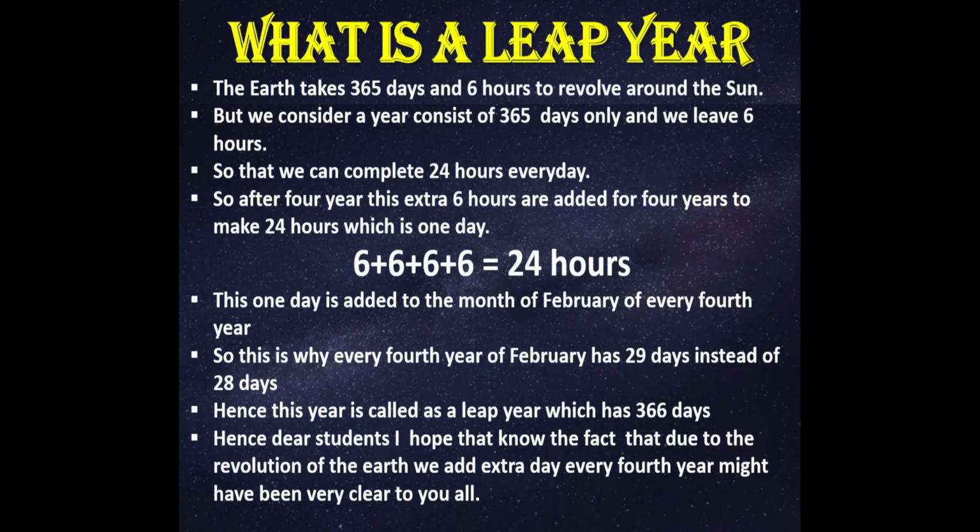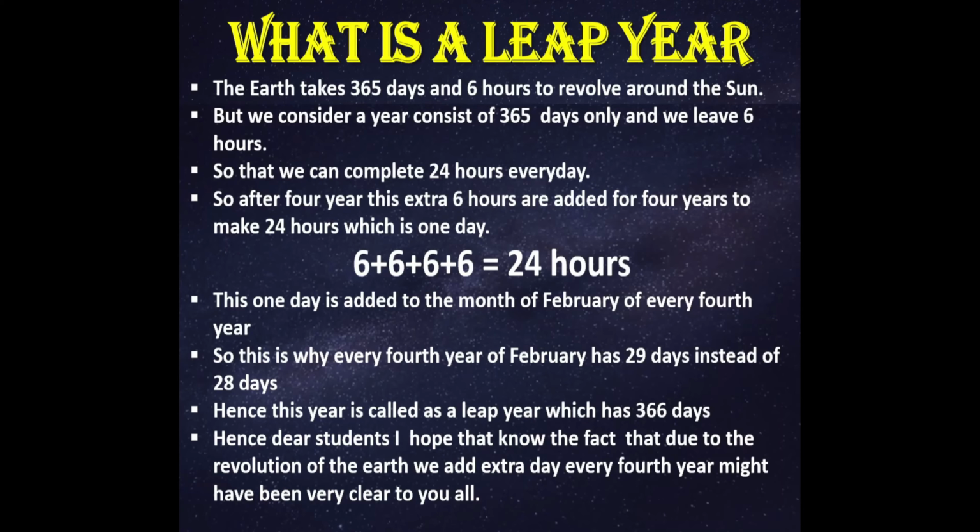That is, 6 plus 6 plus 6 plus 6 is equal to 24 hours. This one day is added to the month of February in every fourth year. This is why in every fourth year February has 29 days instead of 28 days. Hence, this year is called a leap year, which has 366 days.